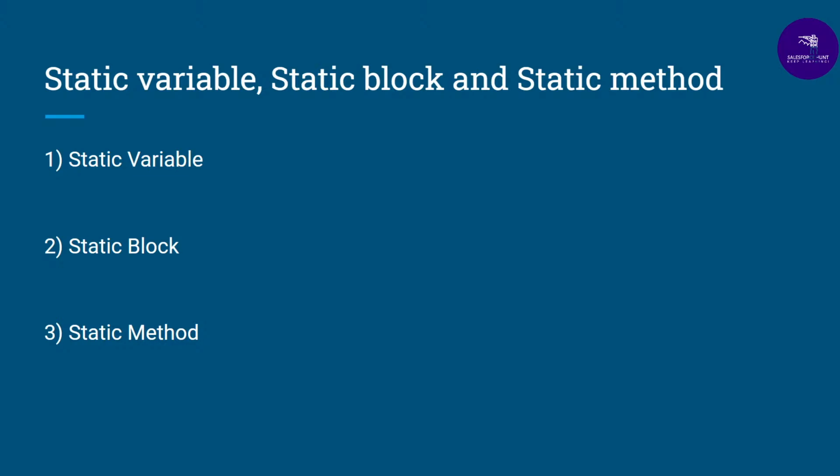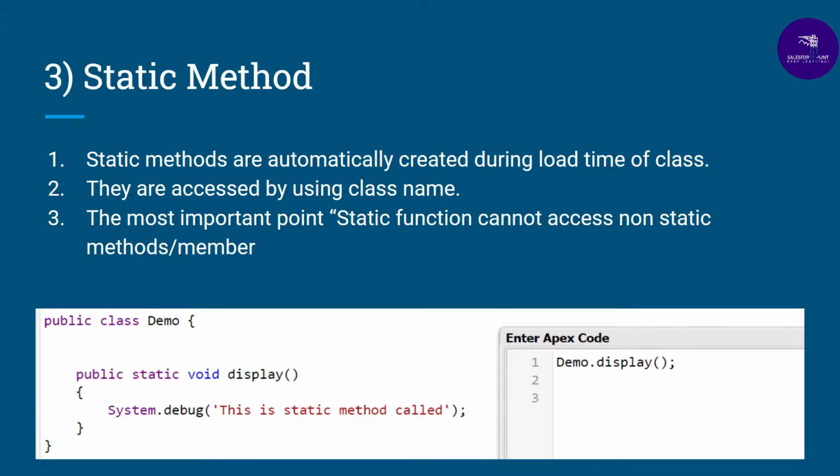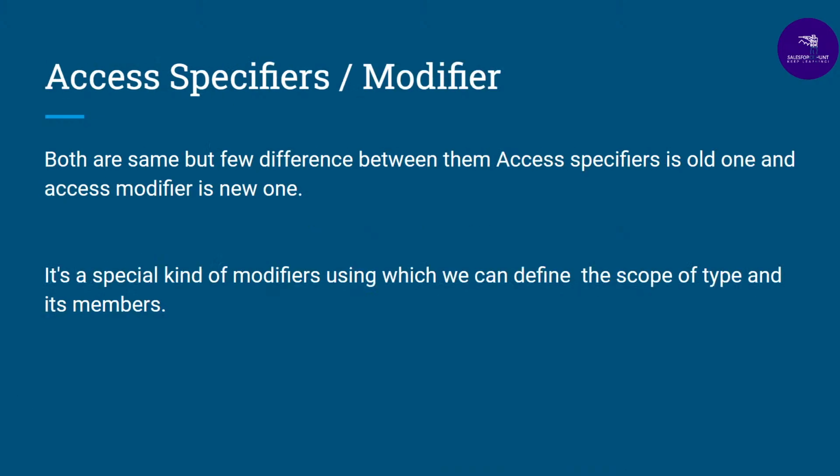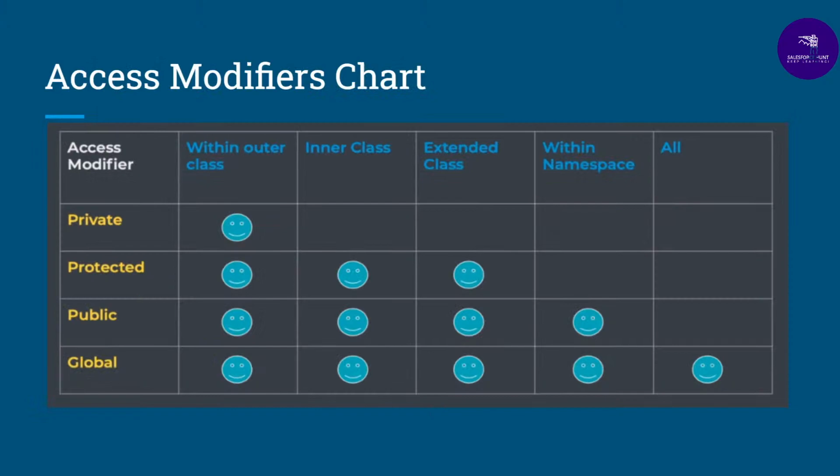If you want to learn, you can watch this video. Okay, and now access specifier, access modifier, and you can see all the access modifiers here, and finally the chart showing the difference between them.